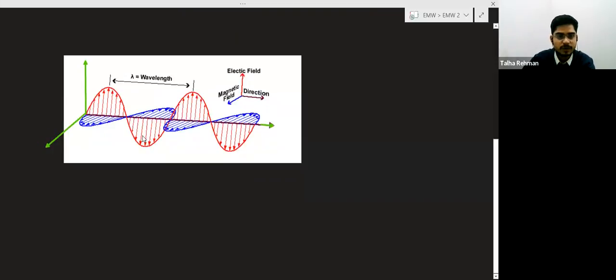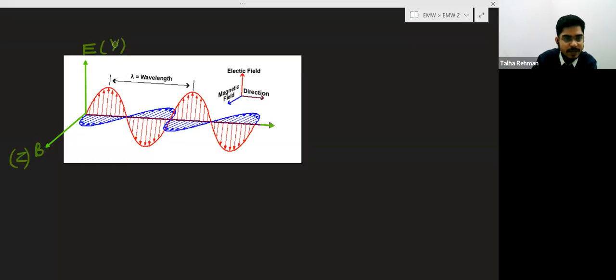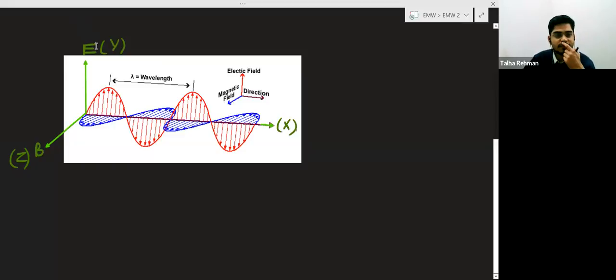This is the electric field direction and this is the magnetic field direction. This direction is the y direction, this is the z direction and this is the x direction. So the electric field is oscillating along the y axis, the magnetic field is oscillating along the z axis, and the direction of propagation of the wave is along the x axis. Remember this point.